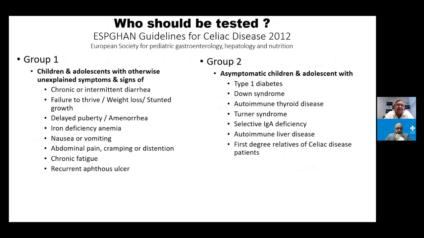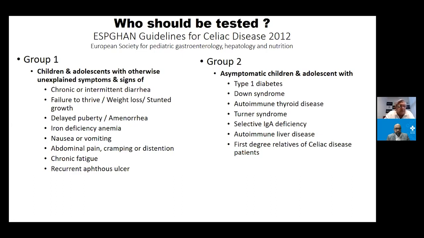On the other hand, the European Society for Pediatric Gastroenterology, Hepatology and Nutrition has indicated that Group 1 are children and adolescents with otherwise unexplained symptoms and signs of chronic or intermittent diarrhea, failure to thrive, weight loss, stunted growth, delayed puberty, amenorrhea, iron deficiency anemia, nausea, vomiting, abdominal pain, chronic fatigue, recurrent aphthous ulcers.